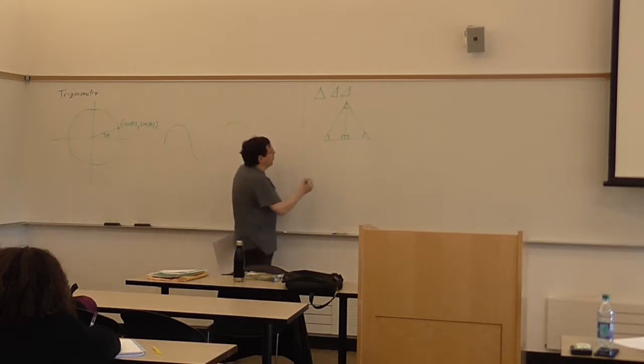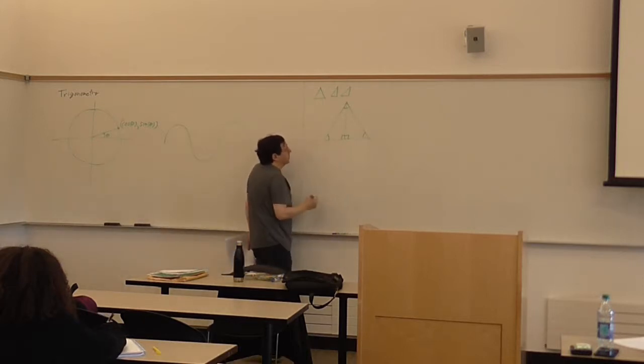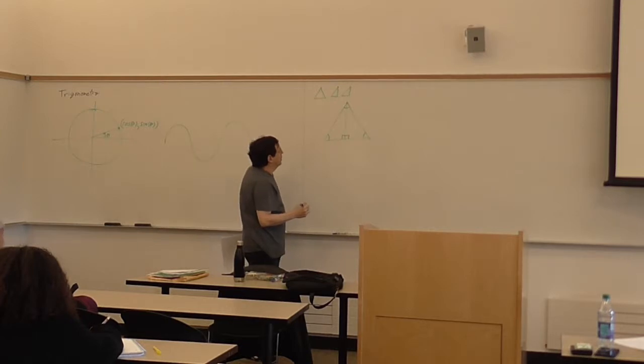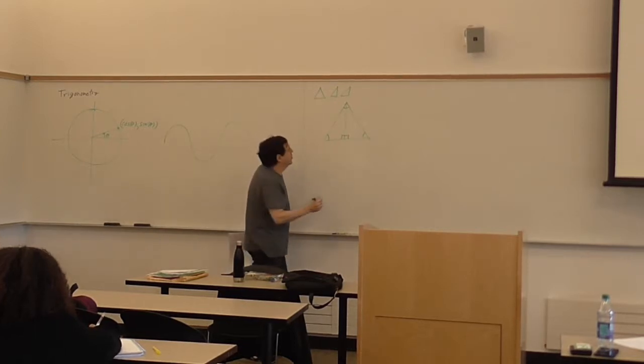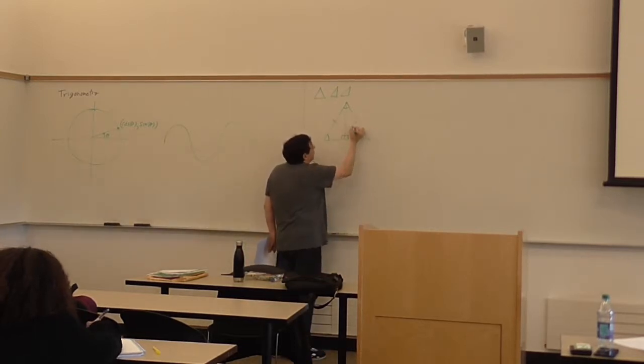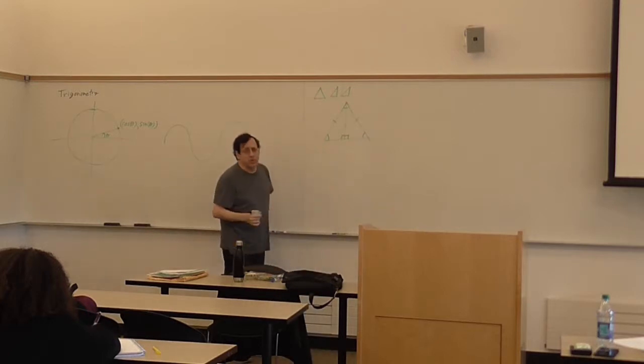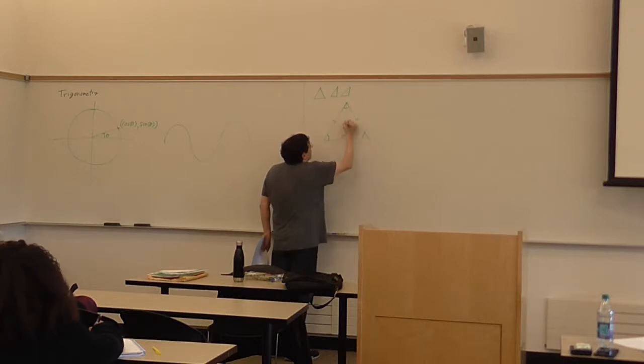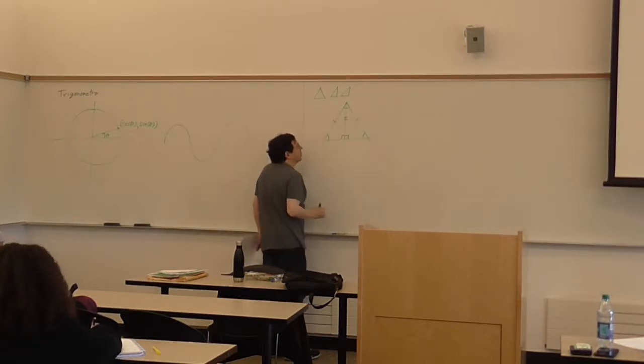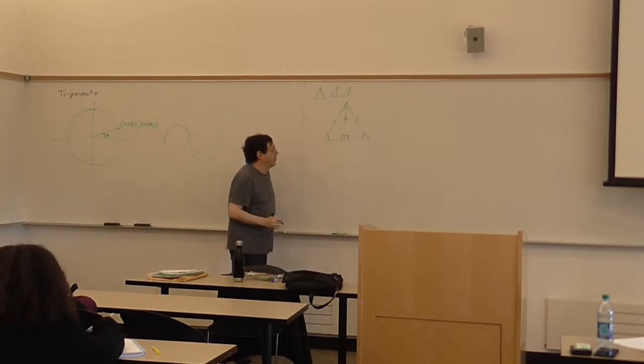And then recalling from geometry some congruence theorems, we know these sides are congruent because it's an equilateral triangle. If we're looking at this triangle and this triangle, we know this side is congruent in both triangles because it's the same side.